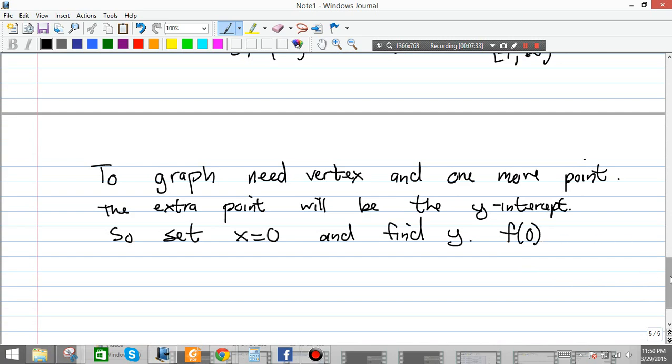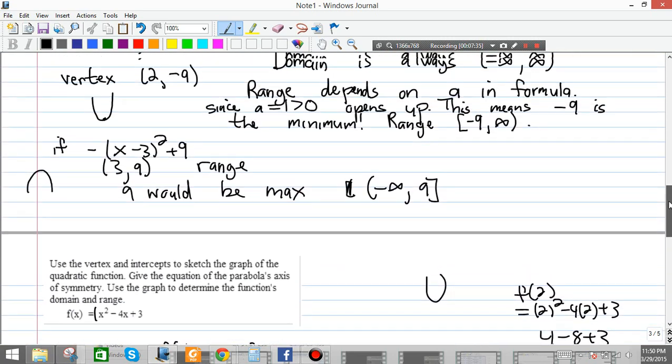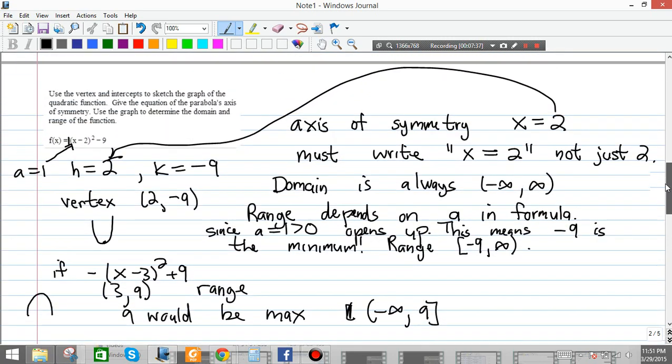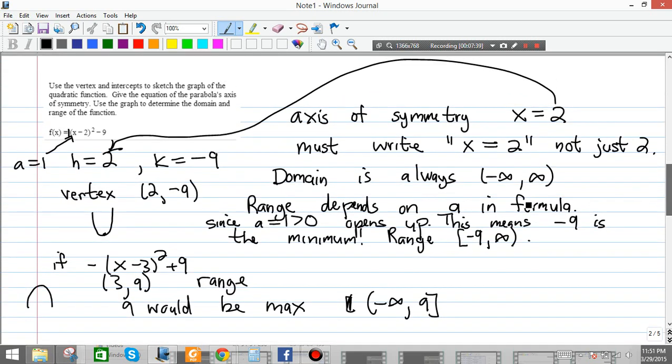Find f of 0, plug 0 in the f. So in this one here, if I wanted to find the y-intercept, you would plug 0 in. So f of 0 here would be (0 minus 2) squared minus 9. That equals 4 minus 9. That equals negative 5. So the graph hits the y-axis at negative 5.